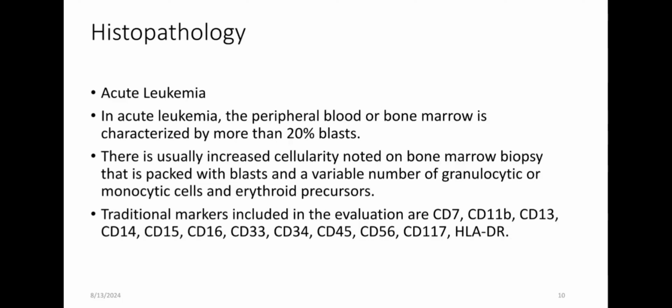Common T-cell lymphoid immunostains include TdT, CD2, CD3, CD5, and CD7. However, the traditional markers included in the evaluation of acute leukemias are CD7, CD11b, CD13, CD14, CD15, 16, 33, 34, 45, 56, 117, and HLA-DR.